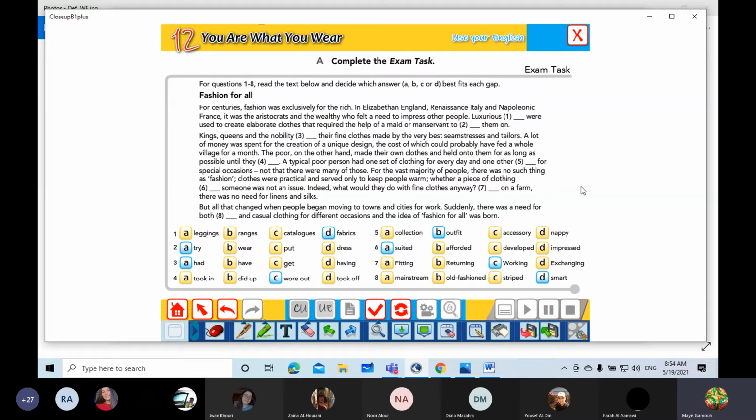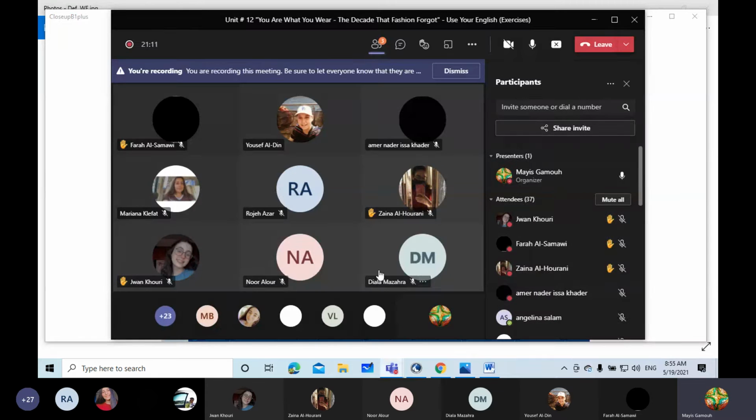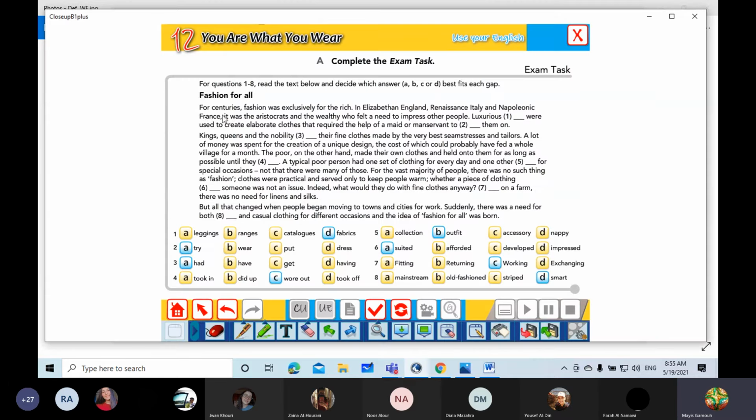So I would like someone to read the first paragraph as a whole. Let me see who would like to read one more time. Yusuf, go ahead. For centuries, fashion was exclusively for the rich.